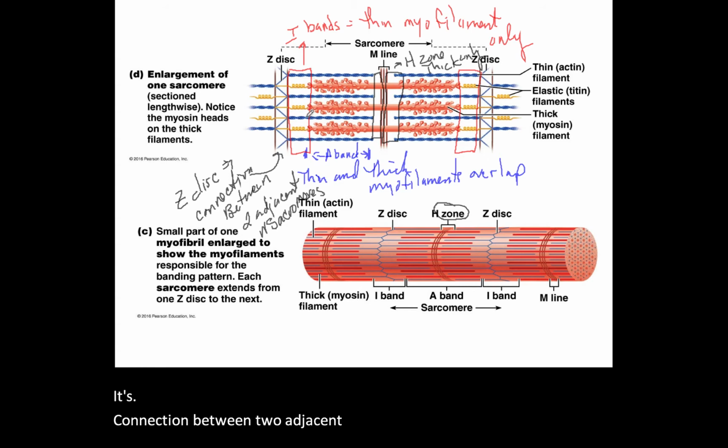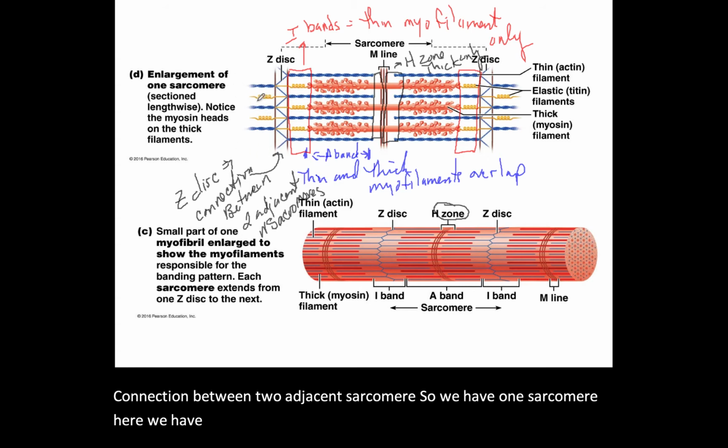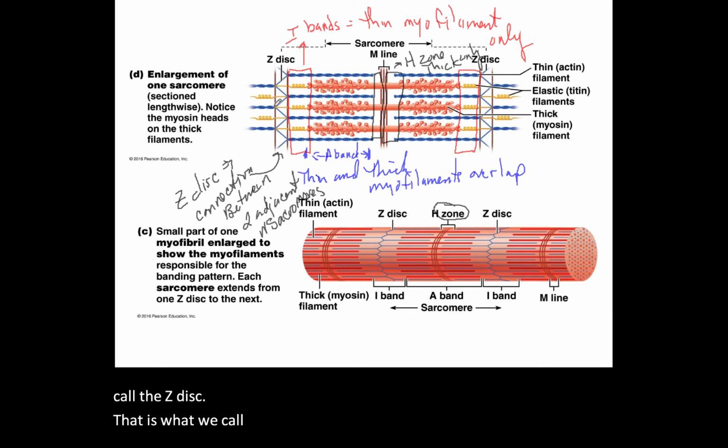So we have one sarcomere here, we have another sarcomere here, and where they connect, that is what we call the Z disc.